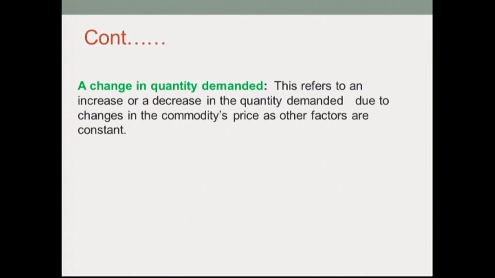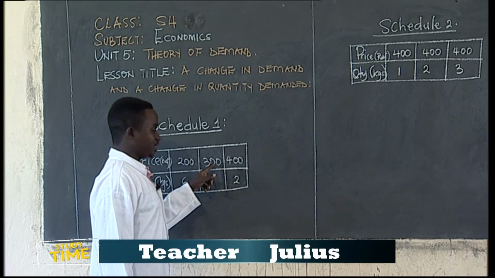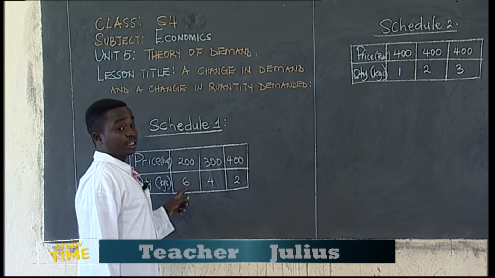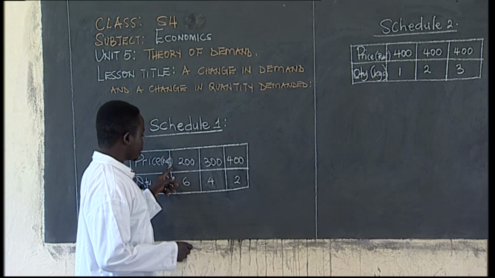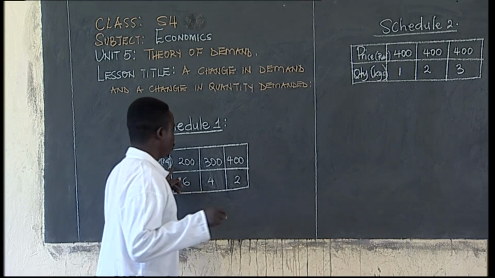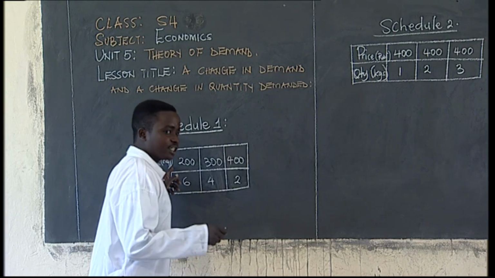So if you look at this schedule number 1, the price of this commodity is changing, and the quantity demanded is also changing. So now this schedule represents a change in quantity demanded due to a change in the price.